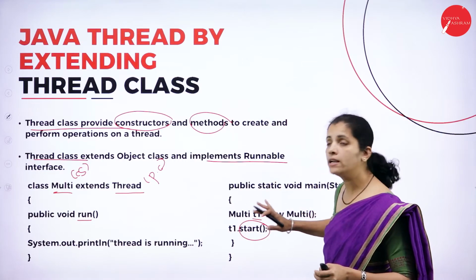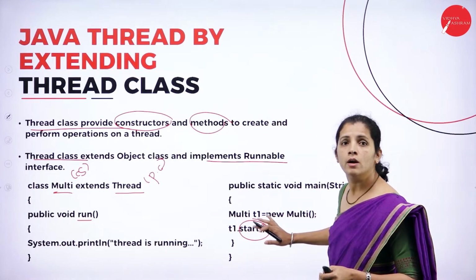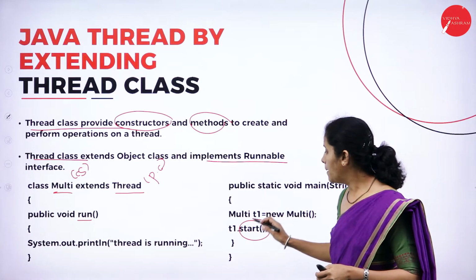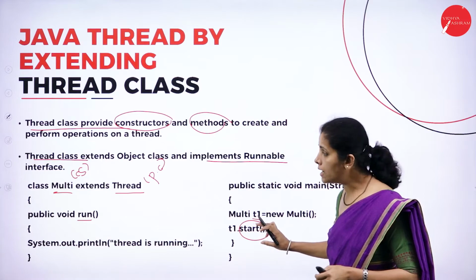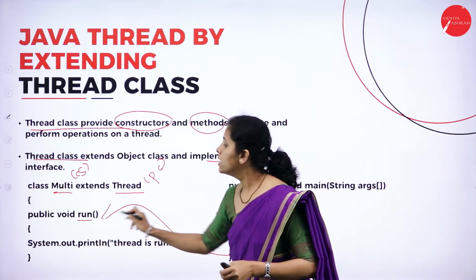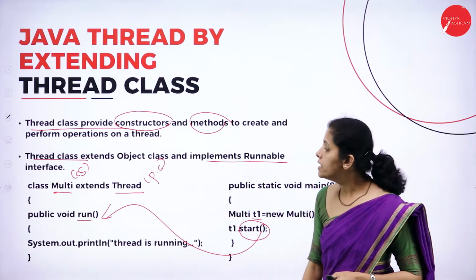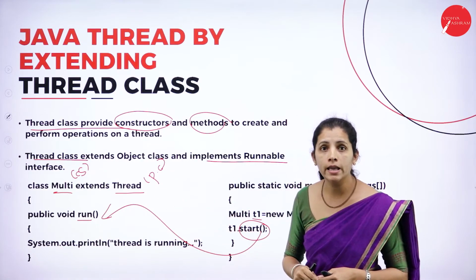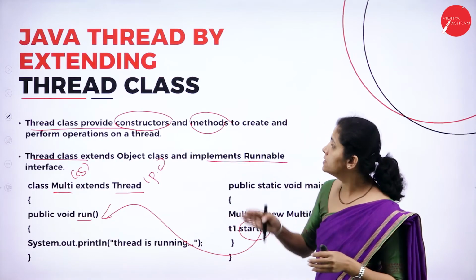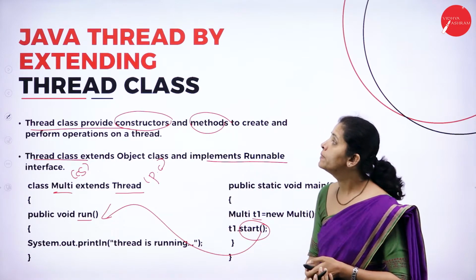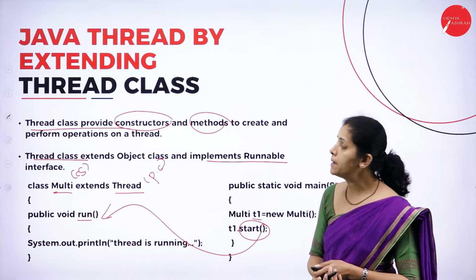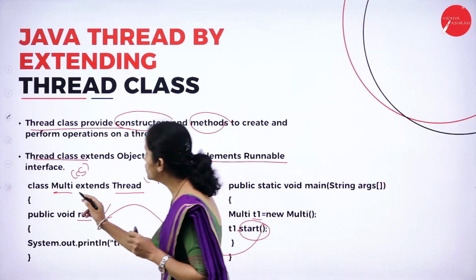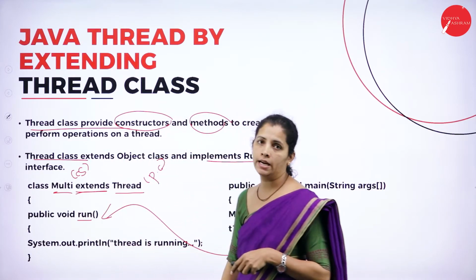I'm going to create the thread and make the thread start. When I call this start method, it is going to invoke the run method. By using the run method, I am able to move to the runnable state. This is the way I can extend the Thread class in my program. To extend the Thread class in my program, I want to use the keyword extends.